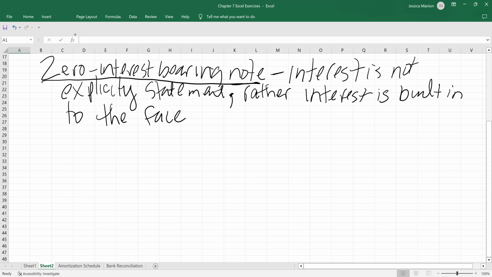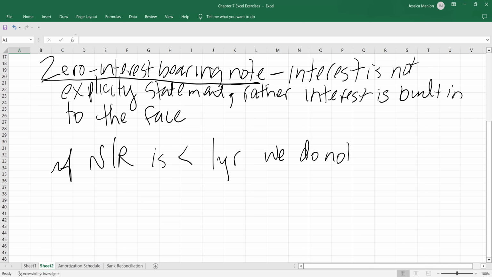Okay, and then the last thing that I want to talk about. If note receivable is less than 1 year, we do not have to calculate present value of future cash flows.